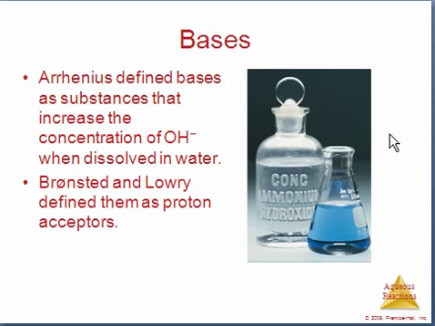Bases are kind of the opposite of acids. The Arrhenius definition of a base is a substance that increases the concentration of hydroxide when dissolved in water. A broader definition is that of the Bronsted-Lowry, which defines them through their chemical reactivity. The Bronsted-Lowry definition of a base is any substance that accepts a proton in a chemical reaction.